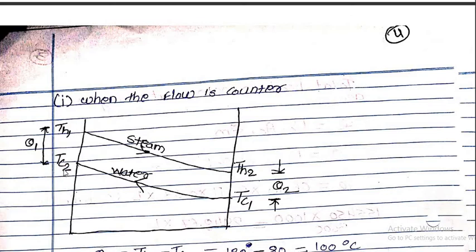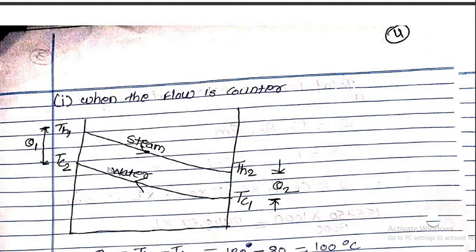On the other side, where the hot fluid outlet is there, on that side the cold fluid inlet should be considered. So the steam or hot fluid is flowing in this direction, whereas the cold fluid or water is flowing in this direction.